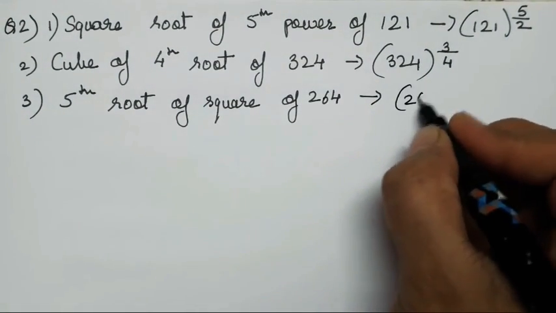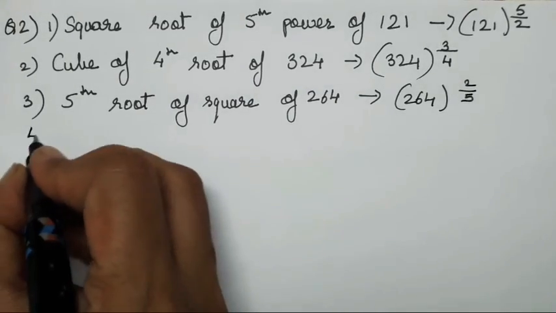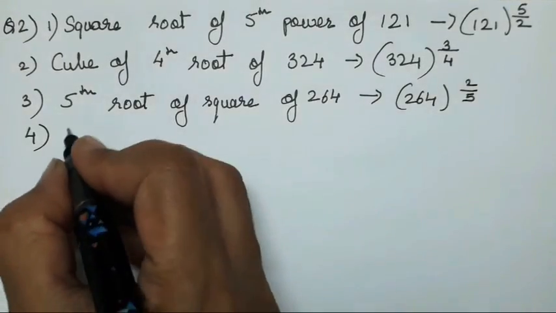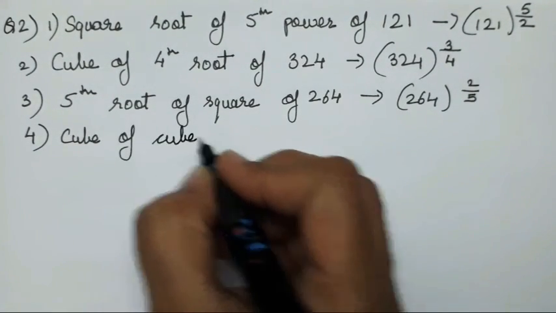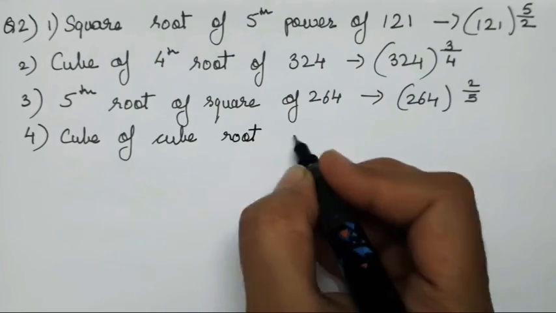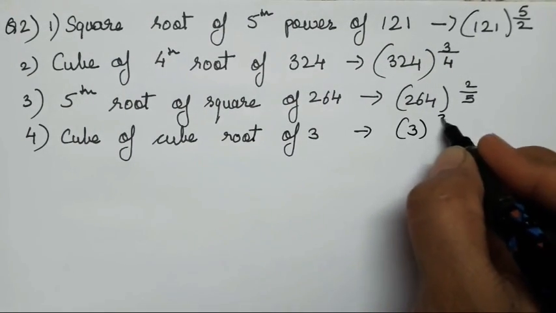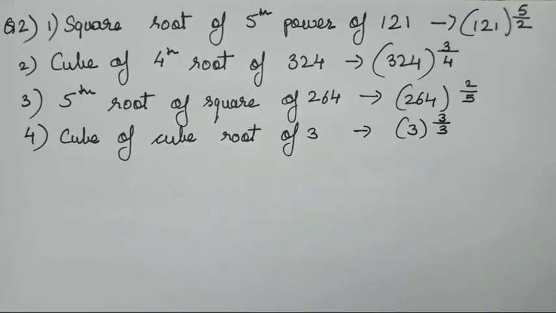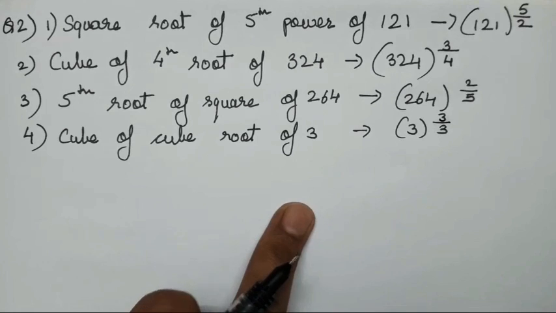So 264 to the power 2 upon 5. Fourth one is cube root of 3. So 3 to the power of cube root. Isn't it interesting? Now over here practice set number 3.2 is also completed.